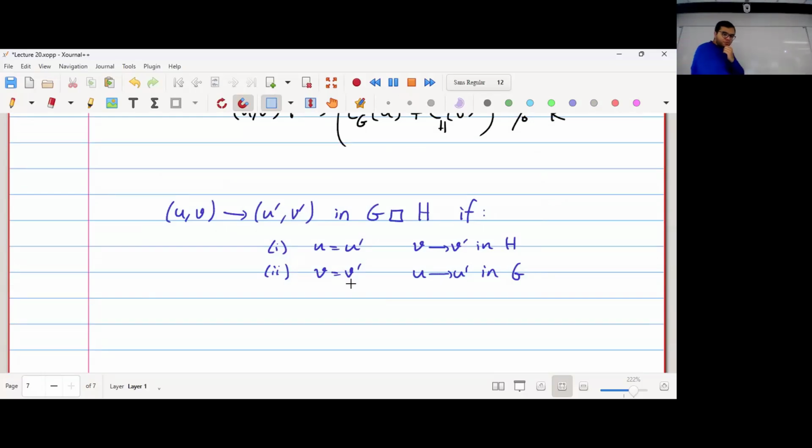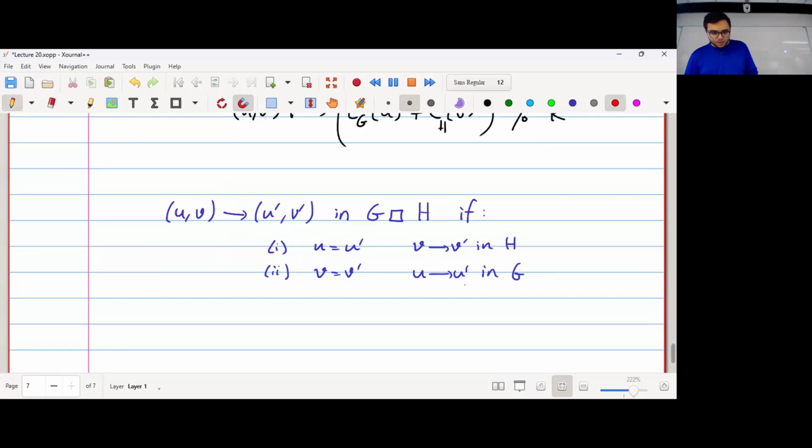So all I have to do is follow this definition and show that these 2 vertices get different colors in this case, and they also get different colors in this case. That would prove that for every edge of my product graph, the 2 endpoints have different colors. Okay, so let's do this.